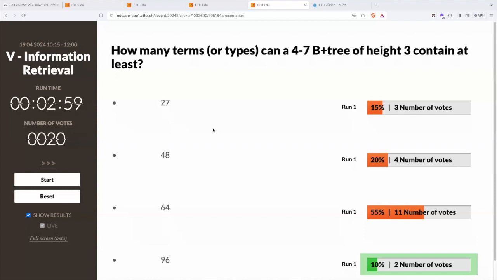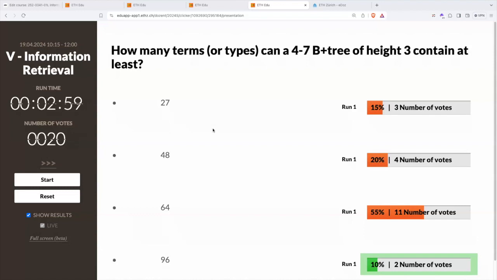So the values are on the leaves, right? And you basically have to do a multiplication, right? It's the number of children at every level, times the number of children on the level below, times the number of children at the level below, and then times the number of terms that there are on every leaf, right? Who agrees with that? So we just need to find the factors of that multiplication. So let's start at the root.